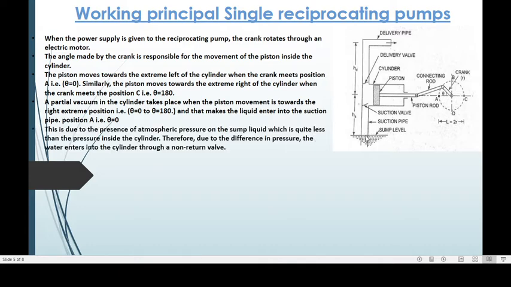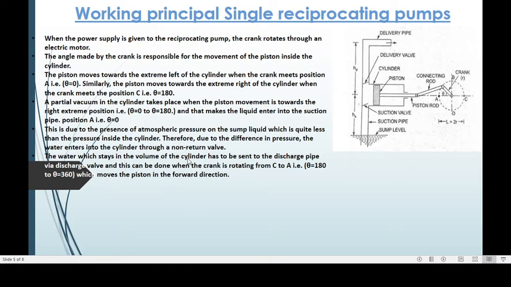The atmospheric pressure on the sump of the liquid is greater than the pressure inside the cylinder, therefore due to this pressure difference, the water enters the cylinder through the non-return valve. The vacuum is created as the piston moves to the extreme right position, so water is sucked inside the suction pipe, and it enters the cylinder through your suction valve.